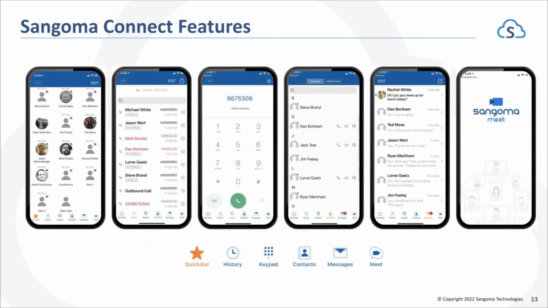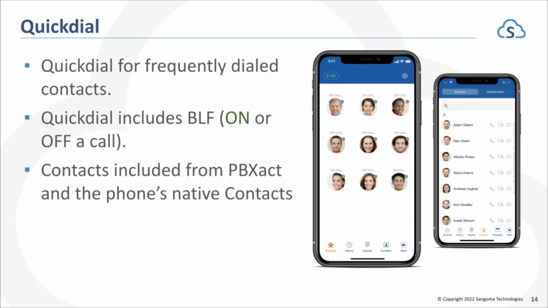This is just somewhat of an overview of some of the different looks and feels that you're going to get when deploying Sangoma Connect mobile clients for you and your users. The quick dial pad, you can think of this as somewhat of a contacts favorite list on your mobile device with the ability to support contact images, but it's also a BLF type of functionality and screen.